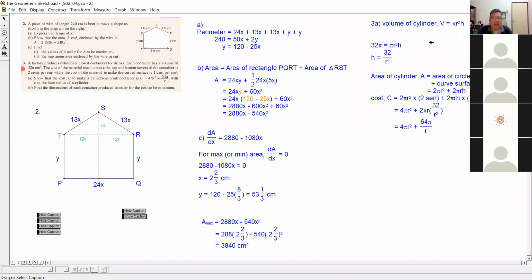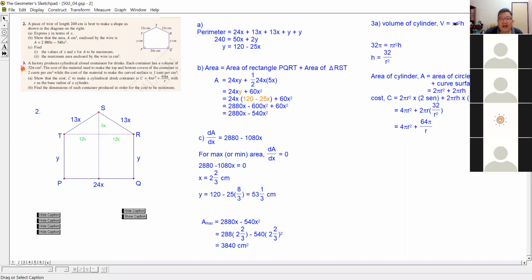Now, why you want to equate the two? Because you want to form a formula. Why you want to form the formula? Because you have to eliminate one of the variables. You see, in this question there are two variables, r and h. So you cannot be differentiating r and h at the same time. You can only differentiate r or you can only differentiate h.